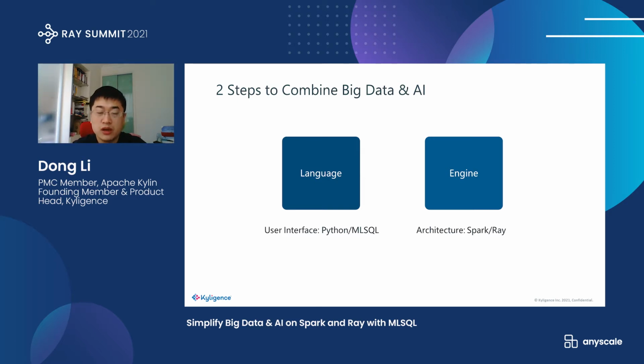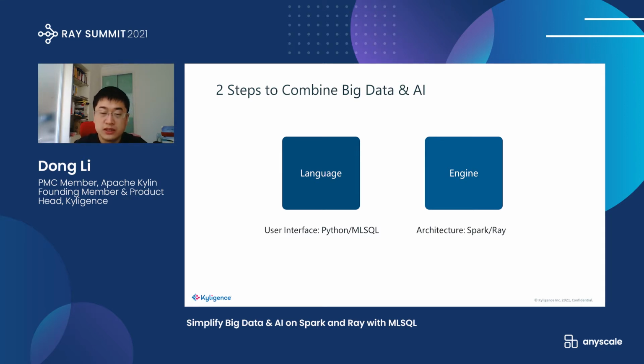For example, we want to leverage Spark for big data loading and processing, then use Ray for machine learning, model training and prediction. During the machine learning task, we also want to use TensorFlow or sklearn libraries.